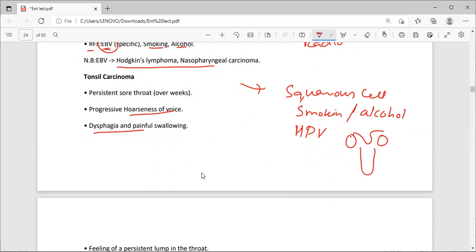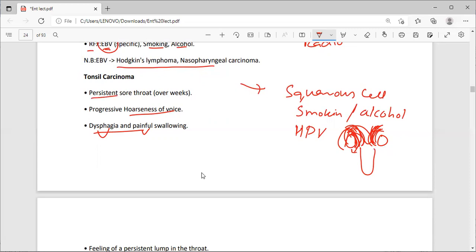So if you are suffering from tonsillar carcinoma, it will be enlarged. It might be on one side or both, okay? So when it is enlarged, you will have dysphagia and painful swallowing, and it can compress the larynx down below by metastasis. So there will be hoarseness of voice, and there will be persistent sore throat.